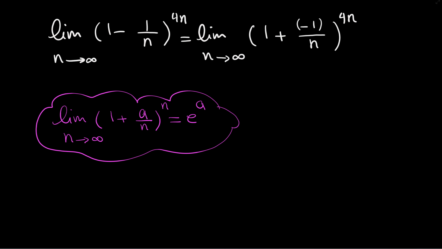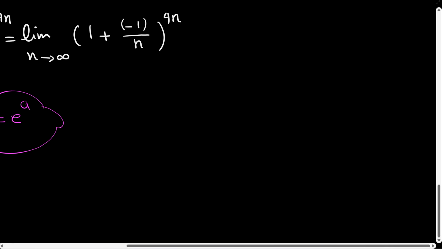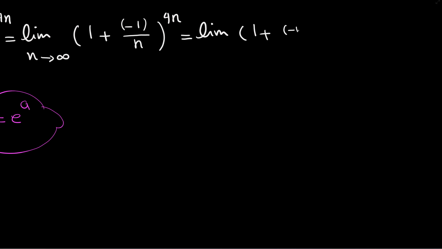And the next step is, here in the formula the exponent is n, here it is 4n. So let's rewrite it. I can rewrite it as 1 plus negative 1 divided by n to power n, and then to exponent 4, when n approaches infinity.